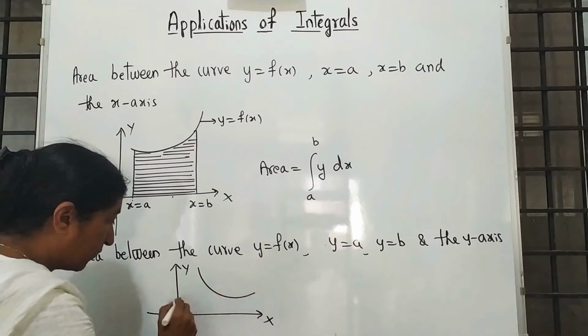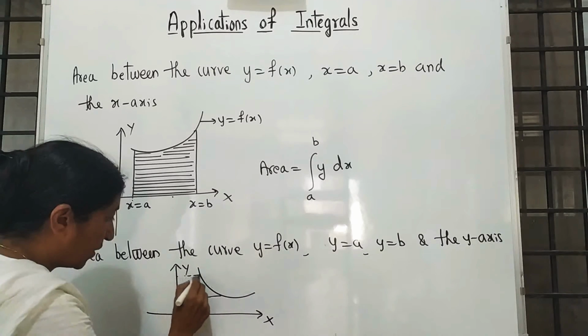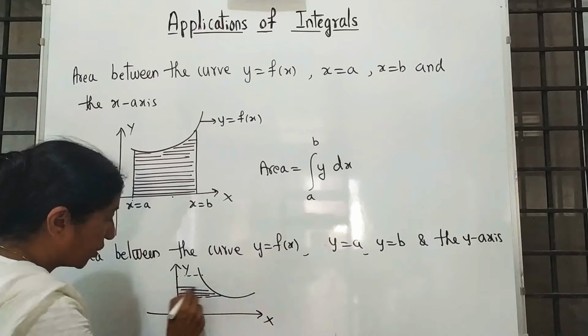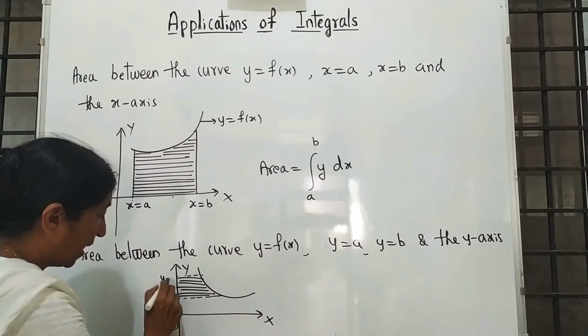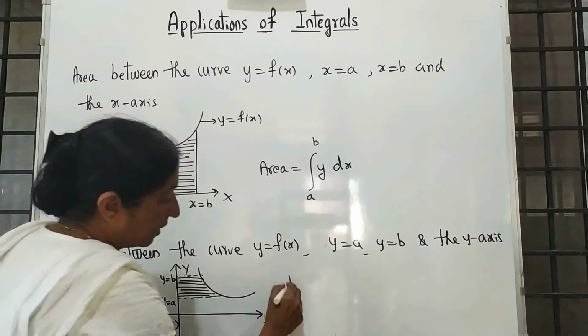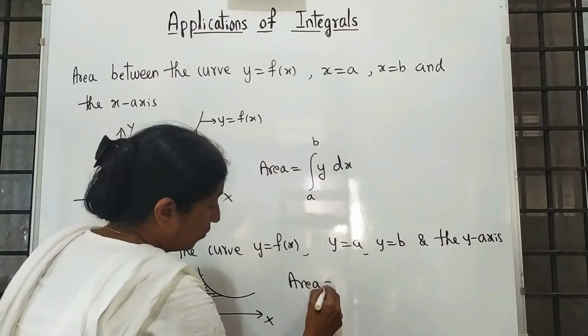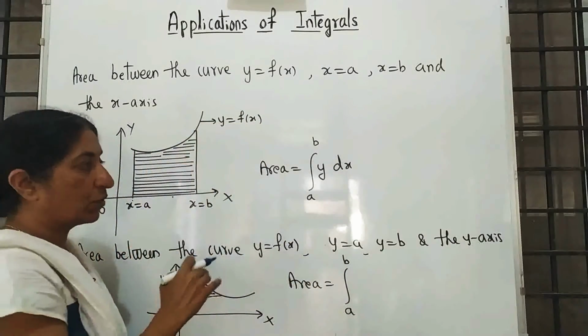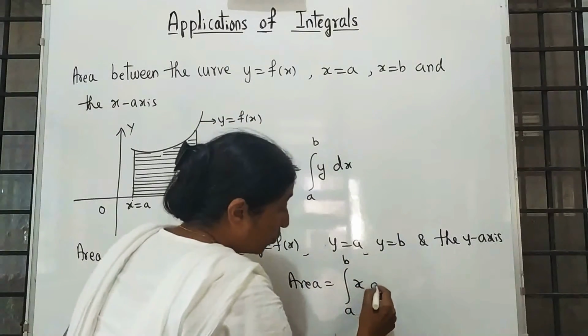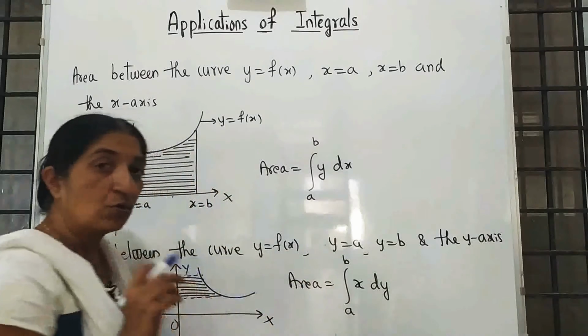This is the curve. This is y is equal to a, y is equal to b. The shaded part is the required area. The required area is equal to integration from lower limit to upper limit, least value to maximum value, of x dy.